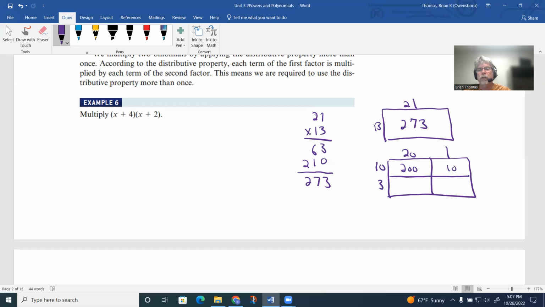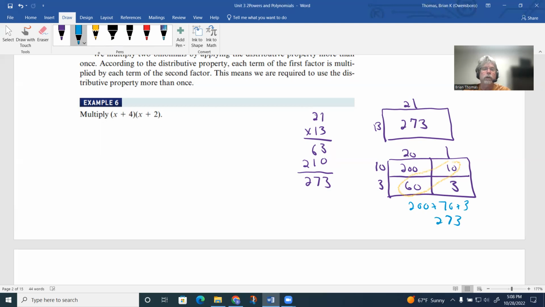And then we do the 3 through there each time. 3 times 20 would be 60. And 3 times 1 would be 3. Notice how I would probably add the 10s together. So I would have 200 plus 70 plus 3. In other words, that would be 273. That's the way we can do this.